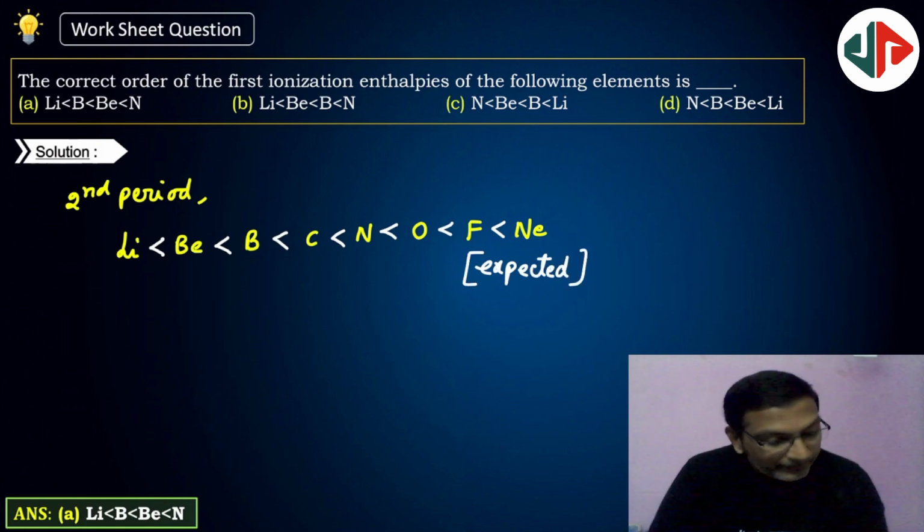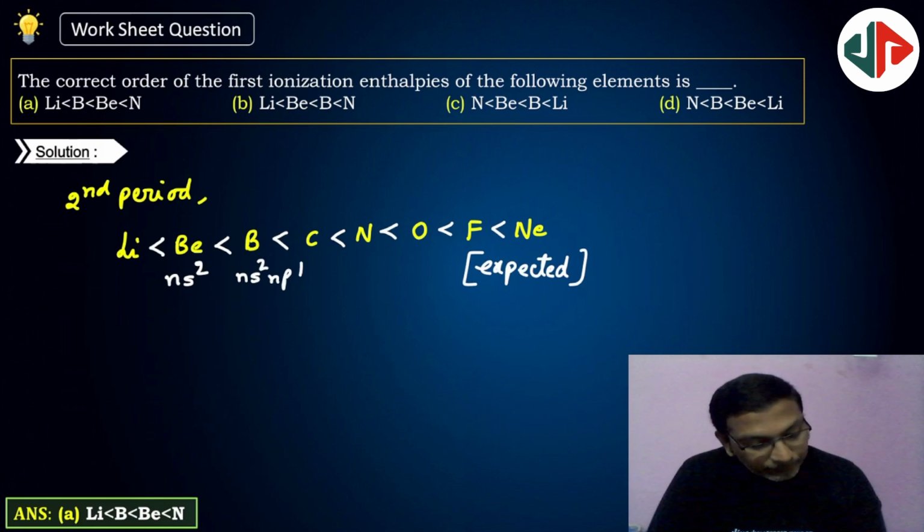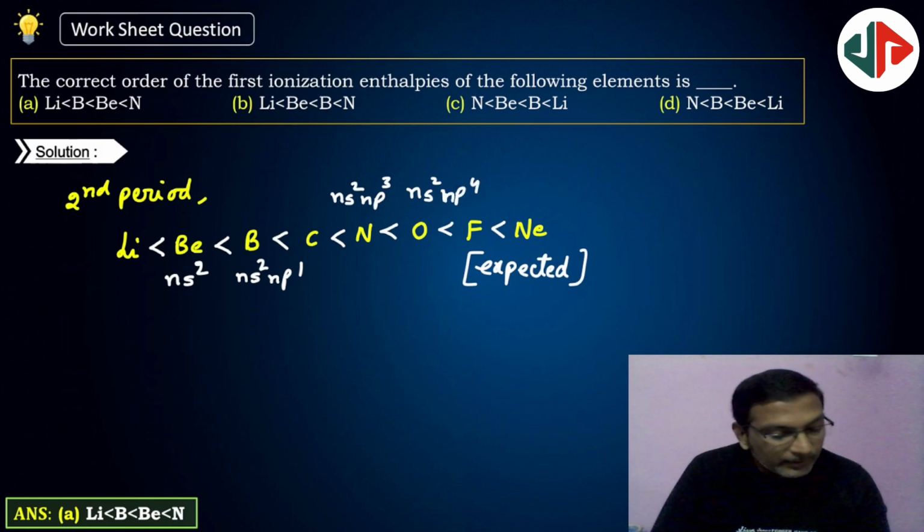But actually, this is ns2 configuration. This is ns2 np1 configuration. Next, for nitrogen, ns2 np3, and for oxygen, ns2 np4. In these two cases, order will be reversed.